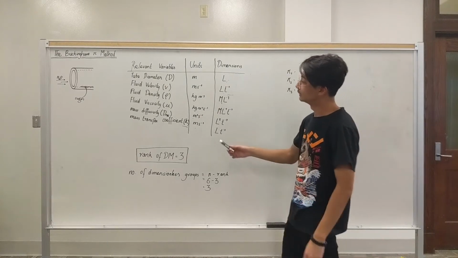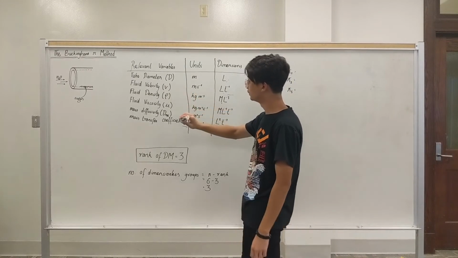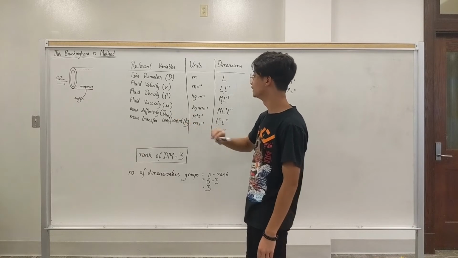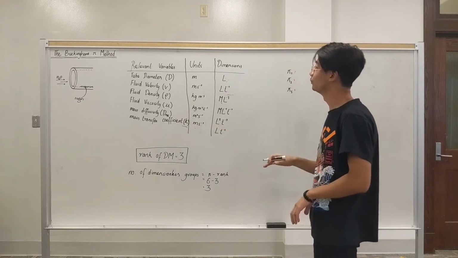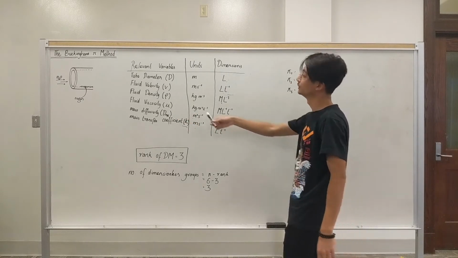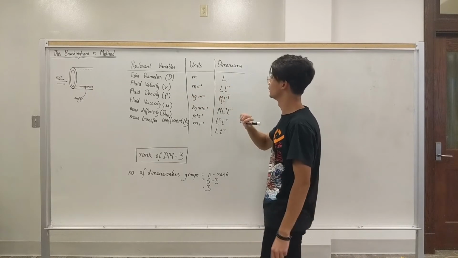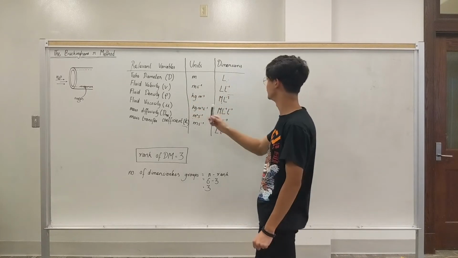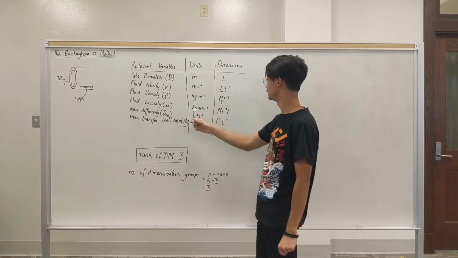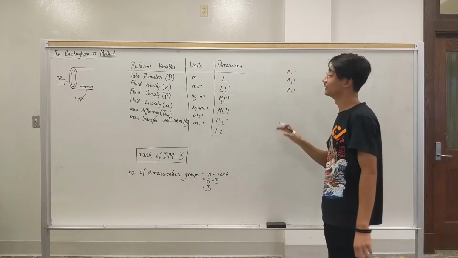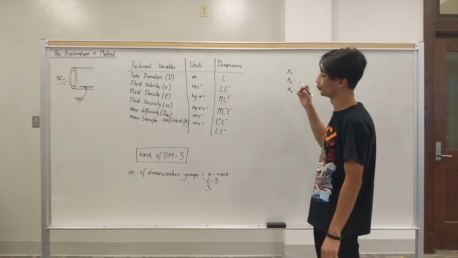Now, let's see if we use the diameter, the density, and the mass diffusivity, whether we'll have all of the dimensions or not. Diameter has the length, from the density we can get the mass, and from diffusivity we can get time. So that group can be used as a core group.